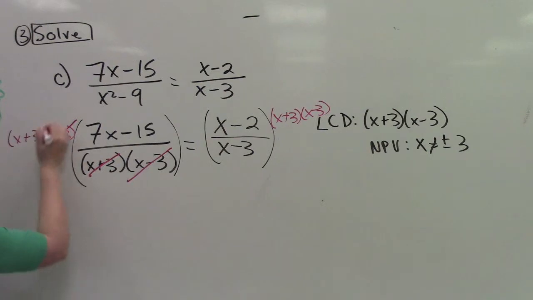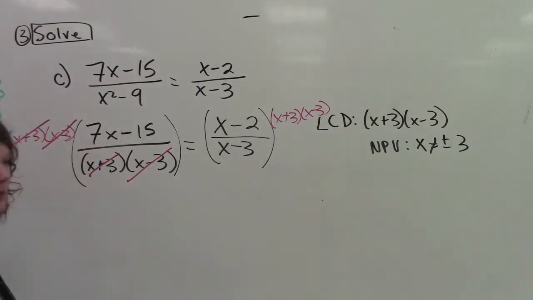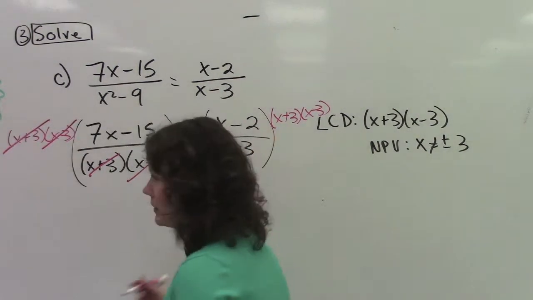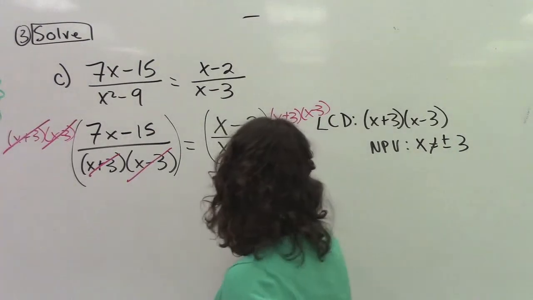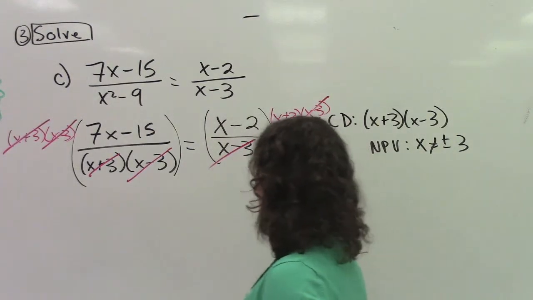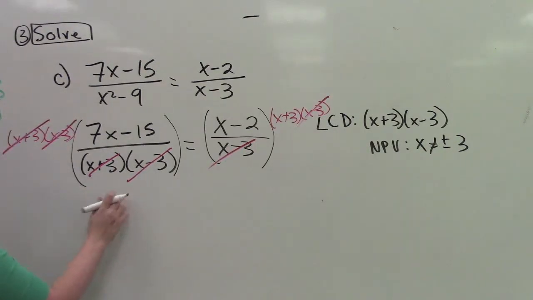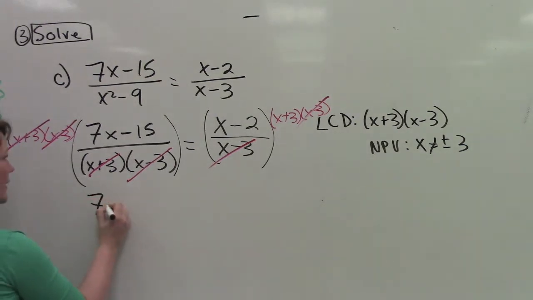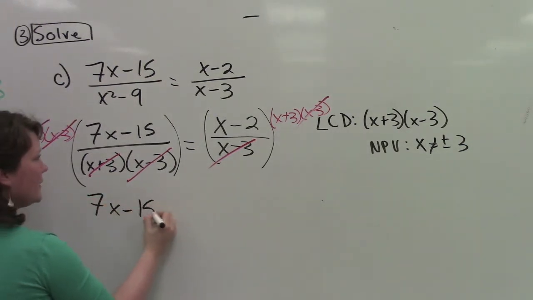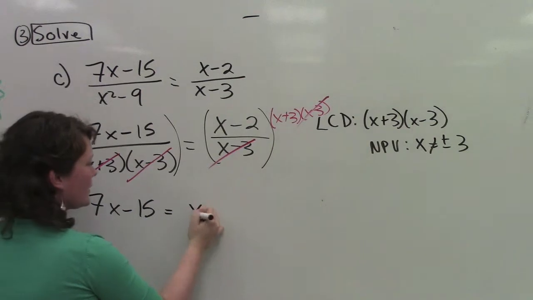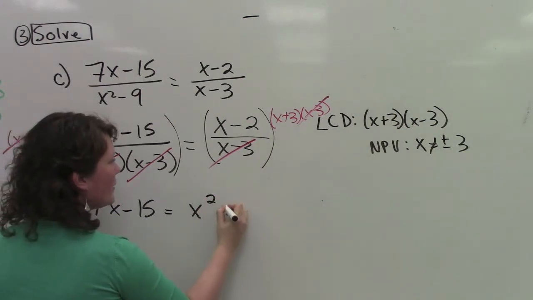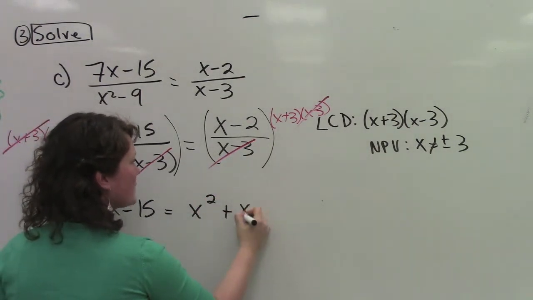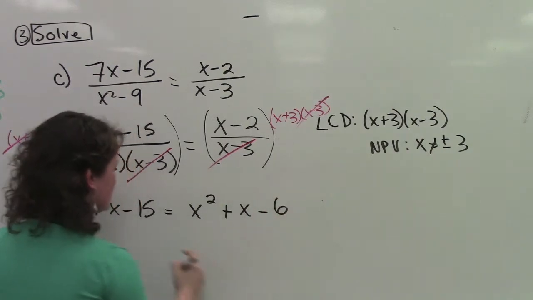Because it cancels both the x plus 3 and the x minus 3. This one, I mean, it's still lovely, but it doesn't cancel as perfectly. So this will cancel out to 7x minus 15 equals x squared plus x minus 6.